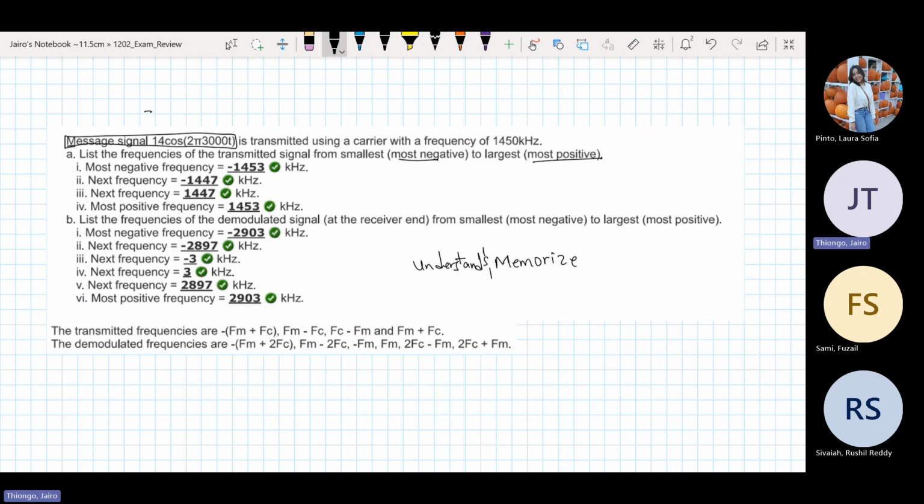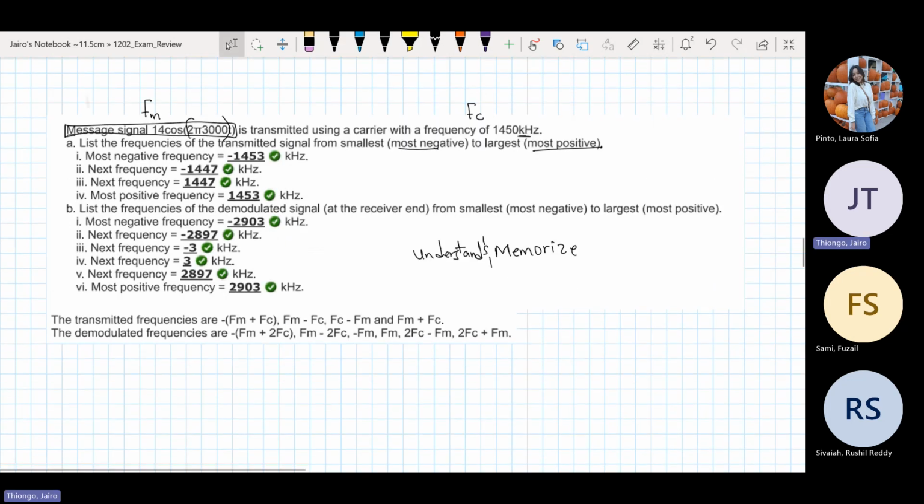So this is definitely the FC, right? This is a very subtle point on the question, but notice it's in kilohertz, and the one you're given here is not in kilohertz. So you're going to have to calculate the frequency here. This one is given only in hertz, and this one is given in kilohertz. That's a subtle but very important difference.